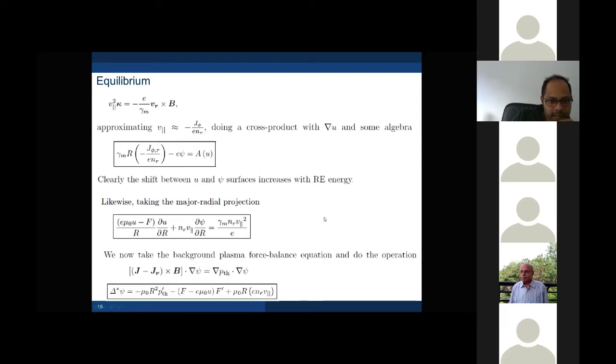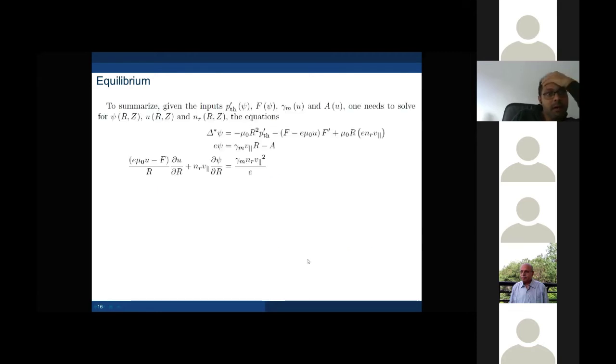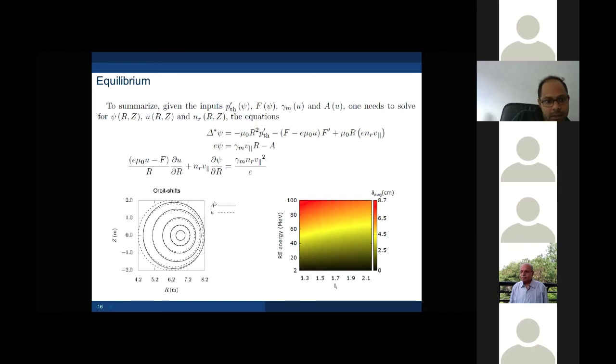Likewise, we can take additional projections. I wouldn't get into details, just maybe skip these, but to summarize, we can arrive at a modified form of Grad-Shafranov equations, which of course are different from the classical tokamak equilibrium, that can actually describe equilibrium in the presence of relativistic electrons. Now, physically, what really changes is that, like I said, with relativistic electrons, the net orbits of these electrons are different from the flux surfaces.